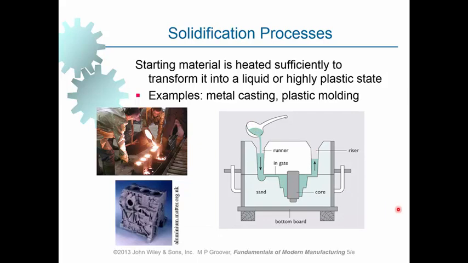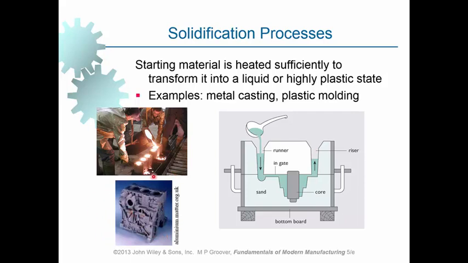We will actually study casting in one of the lectures in this unit, and this process is commonly used in making those parts that are often bulky and also have intricate shapes, like this figure here that you can see, the engine block, and as you can see it has a very intricate shape.